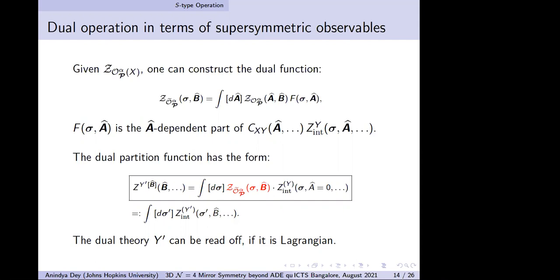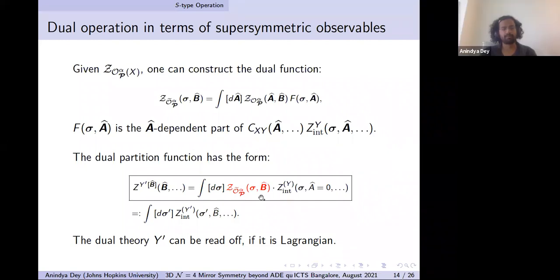So how would one know whether it's a Lagrangian theory or not, just by looking at this expression itself? You'll know. So this could be organized in terms of vector multiplet contributions, hypermultiplet contributions, and so on. So you can rewrite the right-hand side in the standard form.